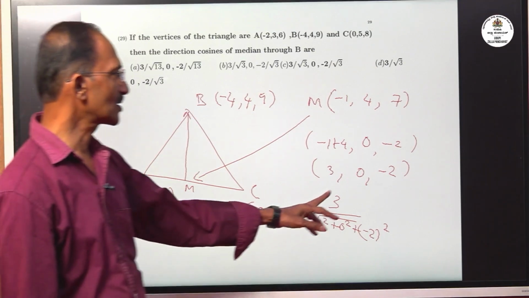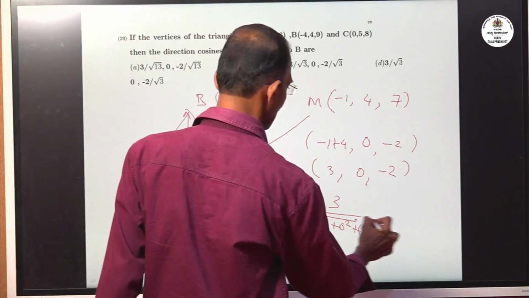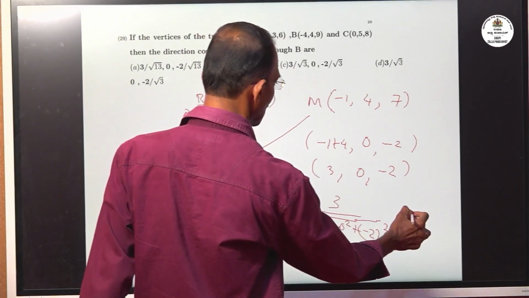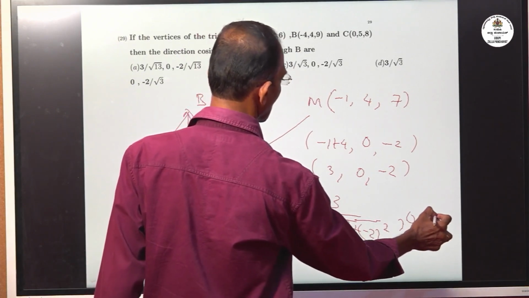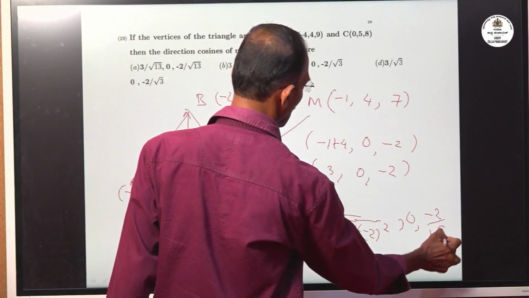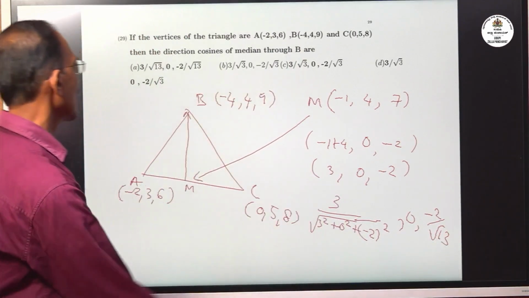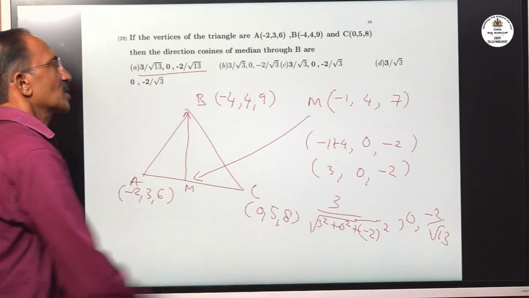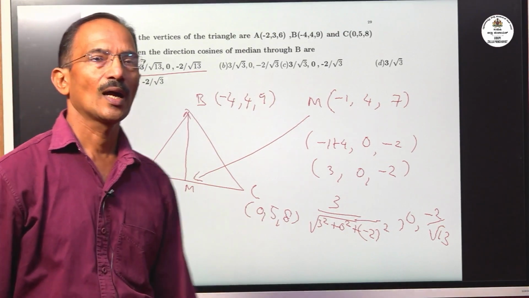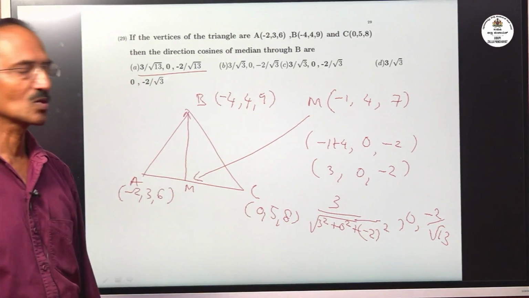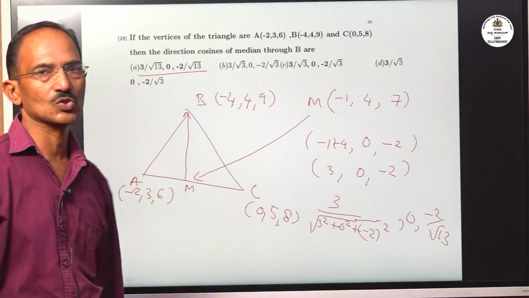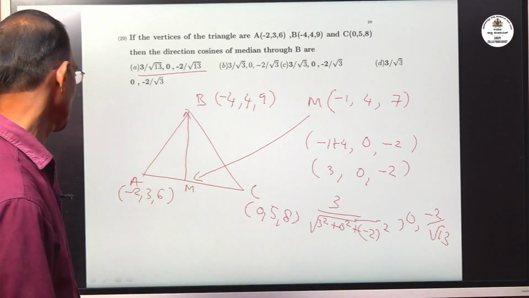So the direction cosines are 3 by root 13, 0, and -2 by root 13. So clearly, the first option is the direction cosines of the median.